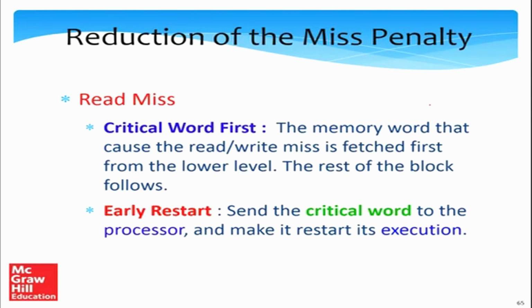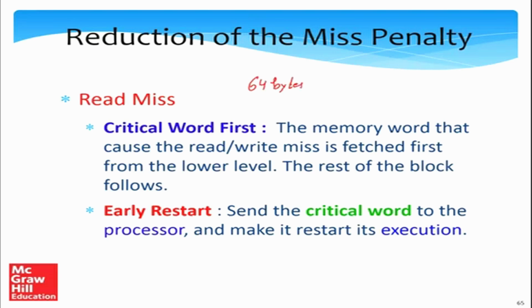Let us now look at reducing the read miss penalty. These two optimizations, critical word first and early restart, are used together. The insight is something like this. Let me go one step back. Let's consider the size of a cache block. The size of a cache block is typically 64 bytes.